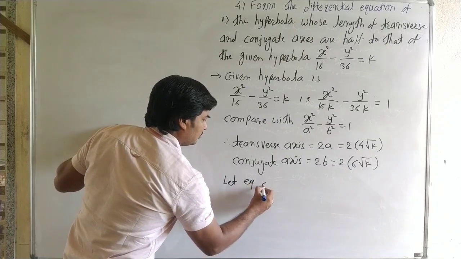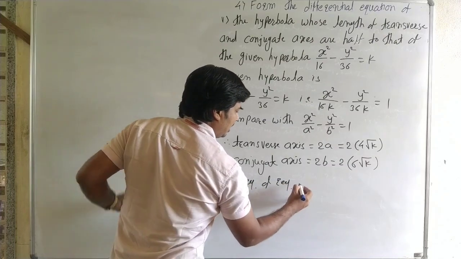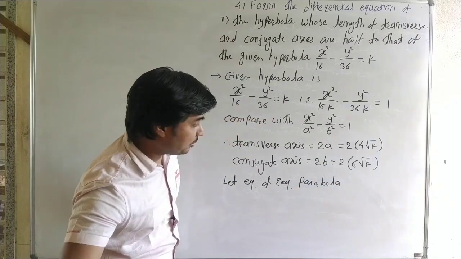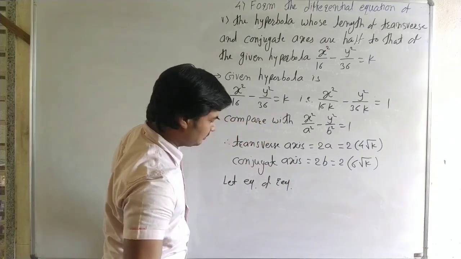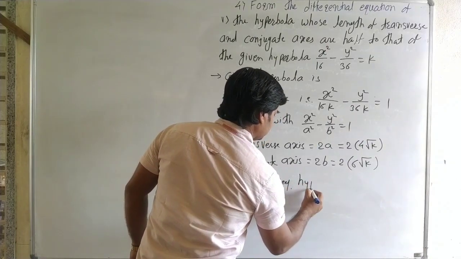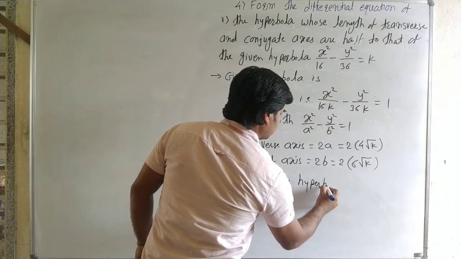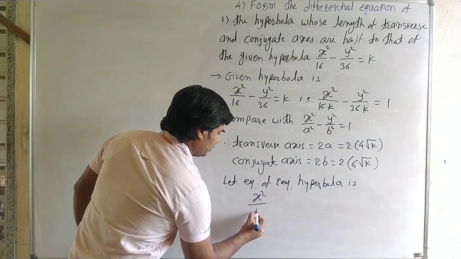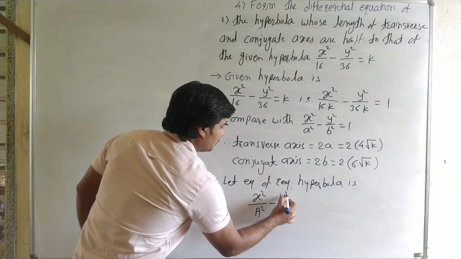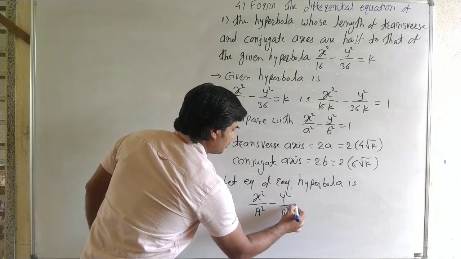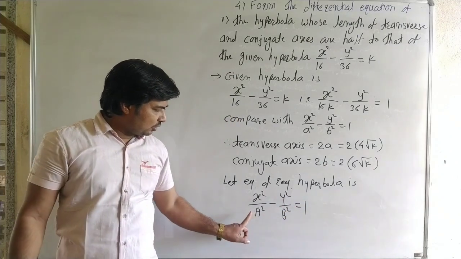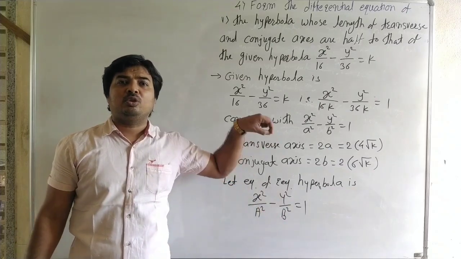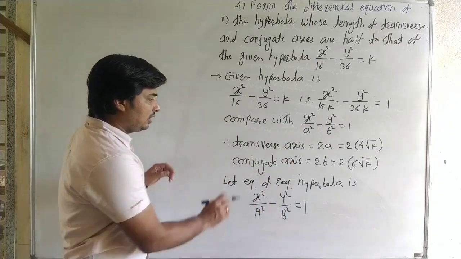Okay, now let the equation of the required hyperbola be x square upon capital A square minus y square upon capital B square is equal to 1. Here capital 2A is the length of the transverse axis and capital 2B is the length of the conjugate axis of the required hyperbola.